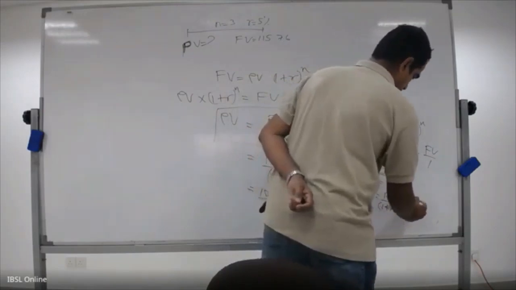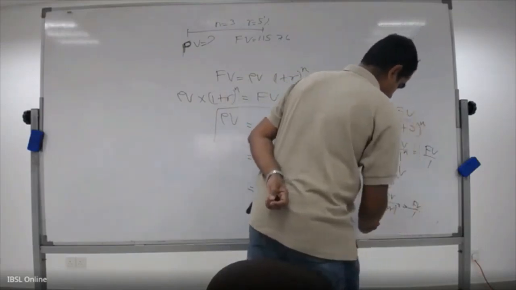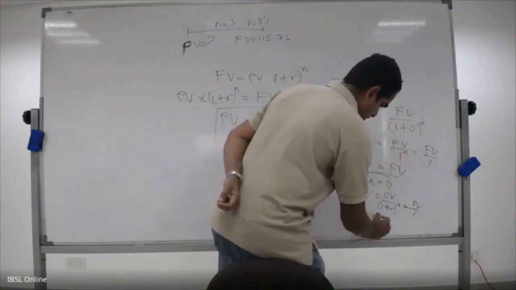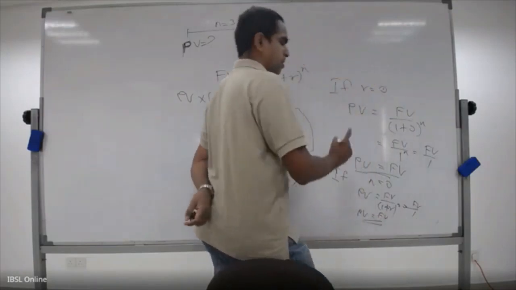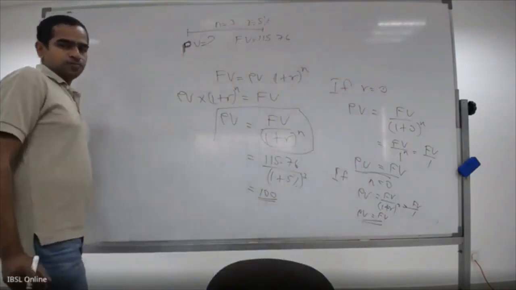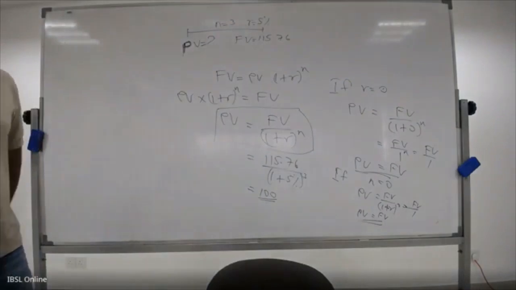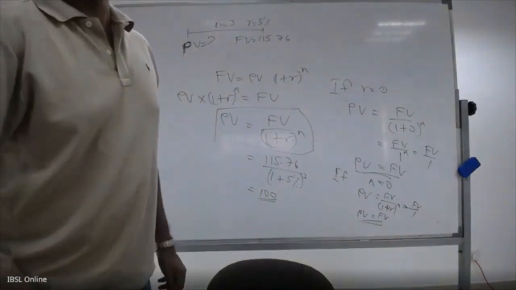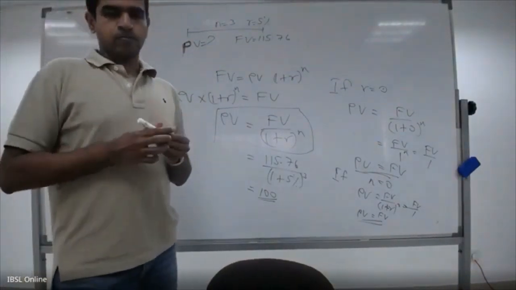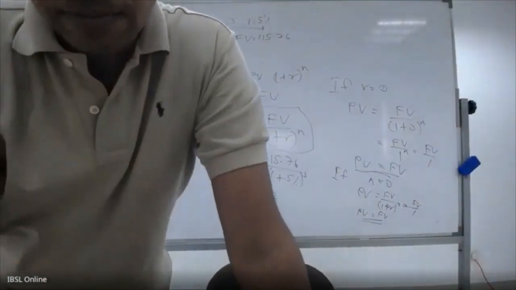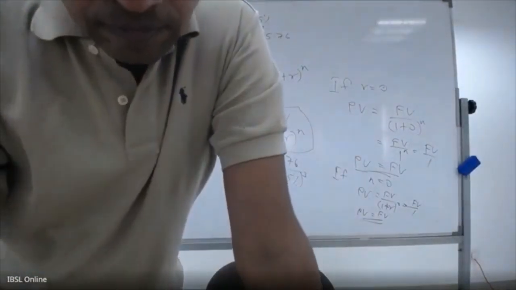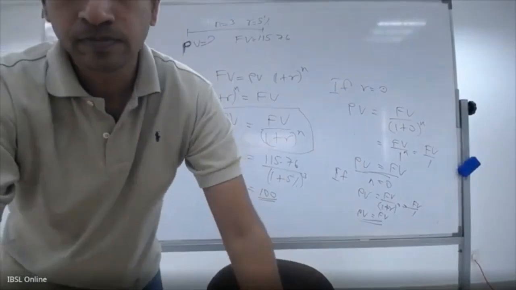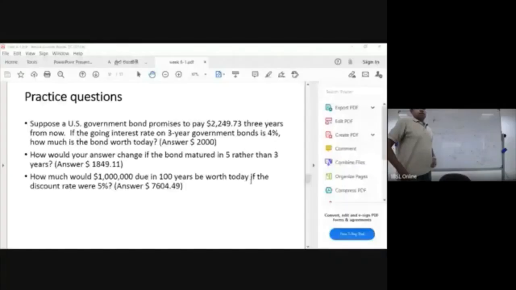So it's future value divided by 1, which is again present value equals future value. That's when either R or T is 0, future value equals present value. Any questions so far? Let's try the examples.